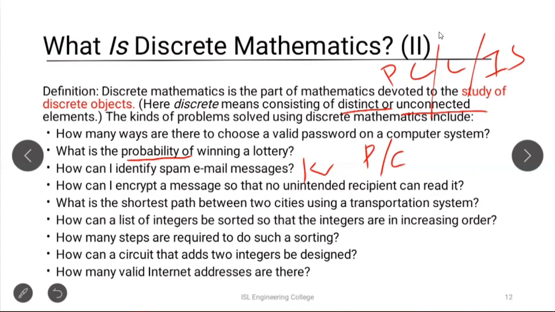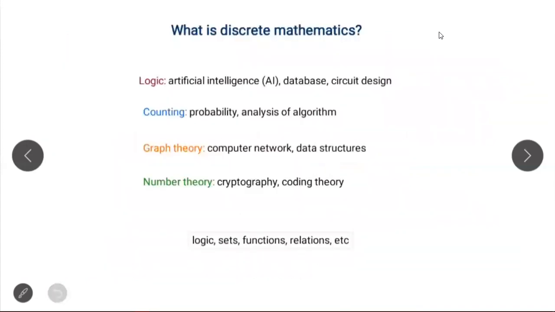The next thing, what are the areas in discrete mathematics? I'll cover your syllabus, but I want to give you a general view of the different areas. First is logic. Logic is used in artificial intelligence, databases, circuit design. Counting. Counting is permutation and combination along with probability, which is used in probability and analysis of algorithms.